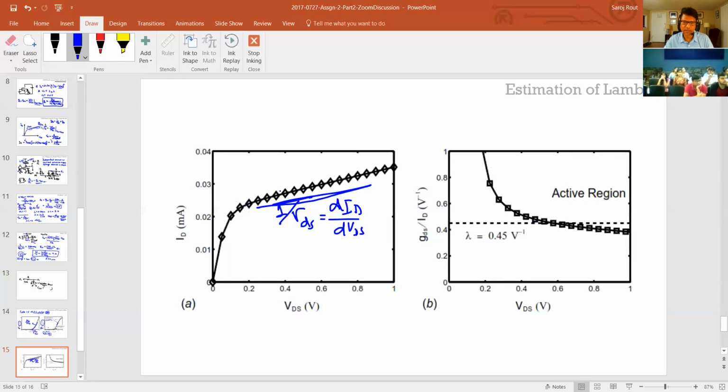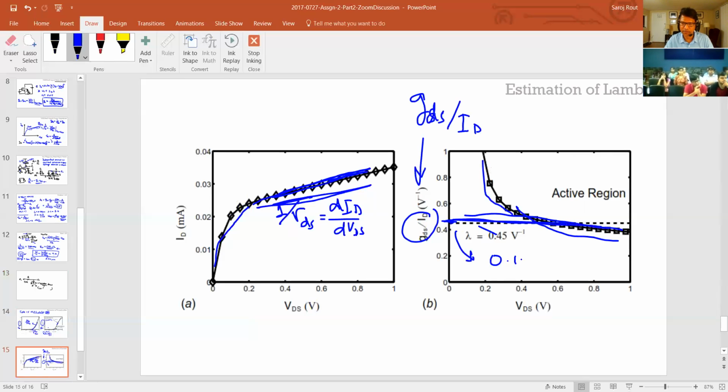Now if you take the slope of this for every VDS and plot it here, you can see that the slope is going to change drastically here and should be pretty constant in this area, right? Like I said before, it's changing slowly. So that's your GDS. And if you plot GDS over ID, this factor over here, during that flat region, that gives you lambda.